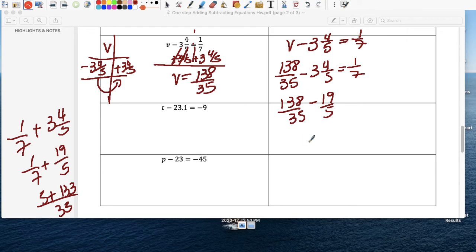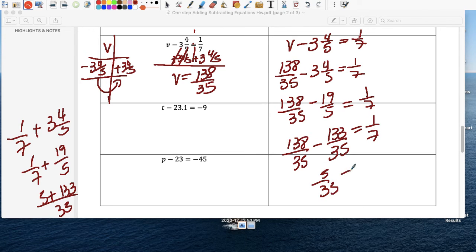Then I change this to 35 again. That's a common denominator. Times 7 is 133. So that is going to give me 5 over 35. And 5 over 35 simplifies to 1 over 7, which equals the 1 over 7 on the other side. So all that was good.